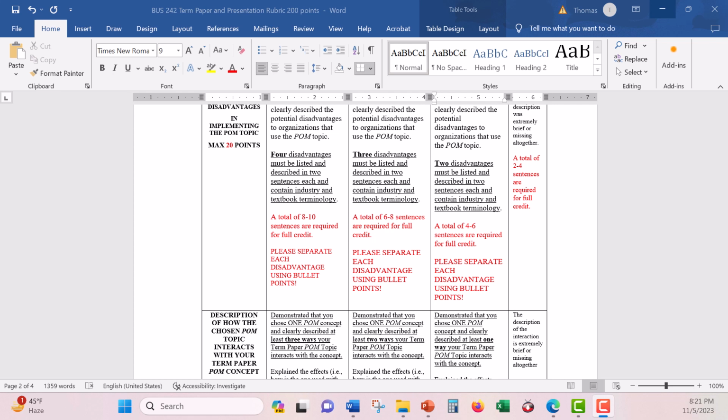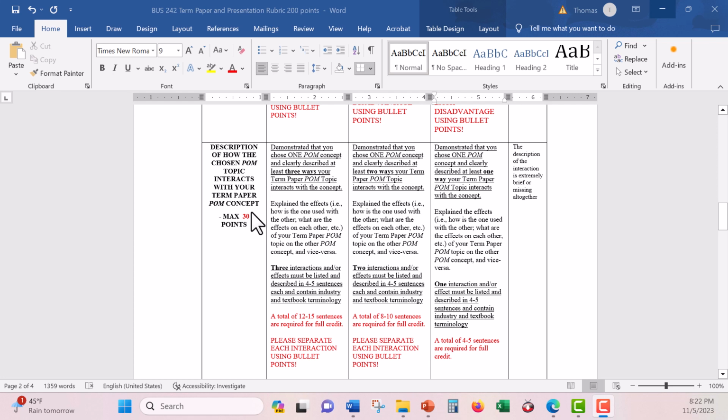It could just be a mass of data that somehow you need to sift through. And it requires some computer power. These things run many different algorithms, and because of that, you need a high-powered machine. Whether you subcontract out, which is an additional cost, or you have this computer power, it is expensive. So that's what I want you to do with your topic: 8 to 10 sentences, 4 disadvantages, 2 sentences each.